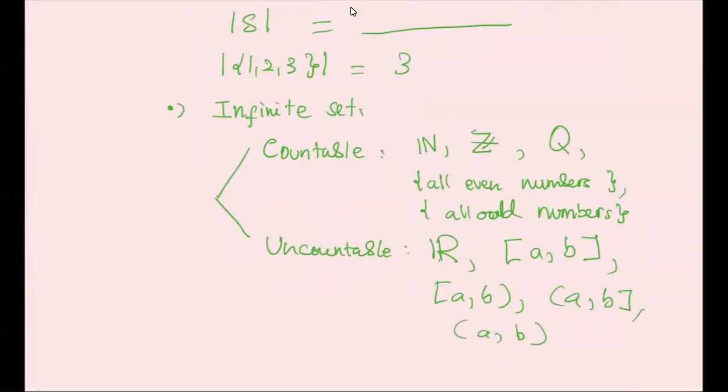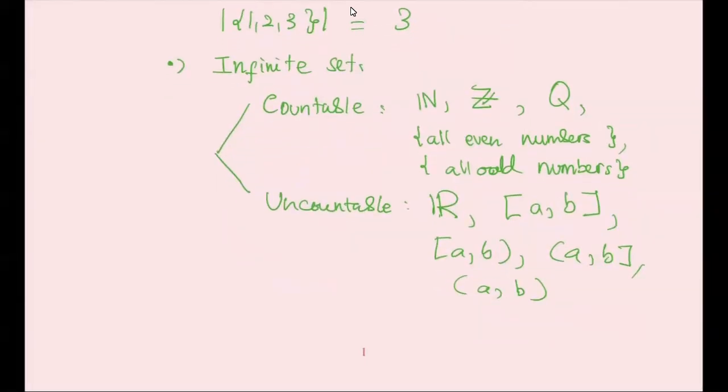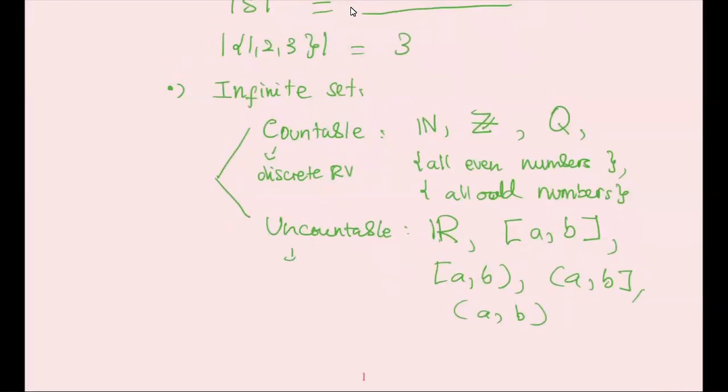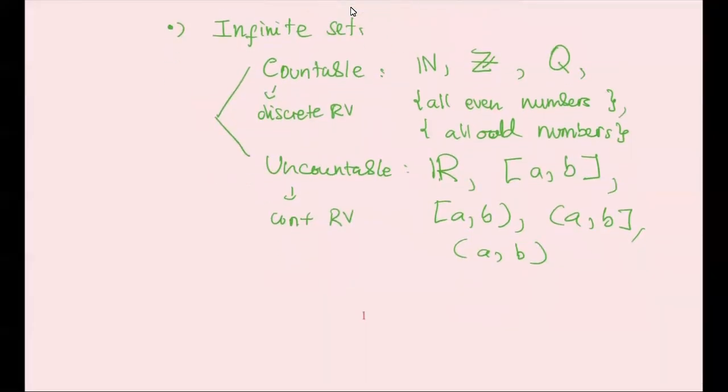All of them are really common infinite but uncountable set. And you will see that this one will relate to discrete random variable that we learn later on. And this one will relate to the continuous random variable that we will learn later on.